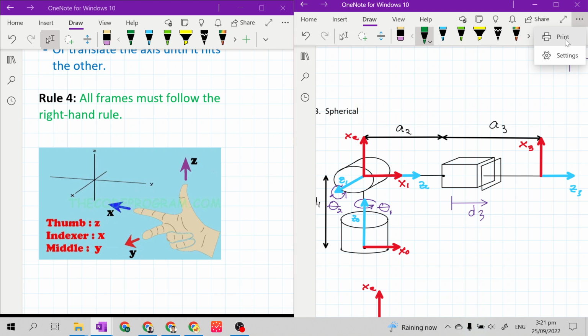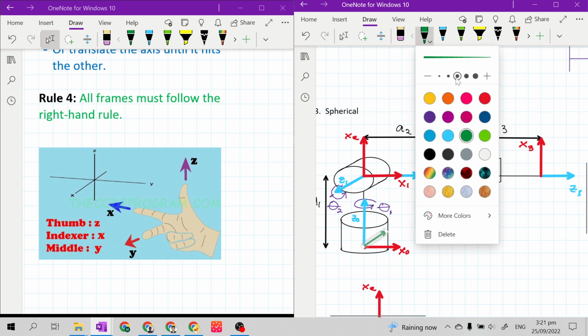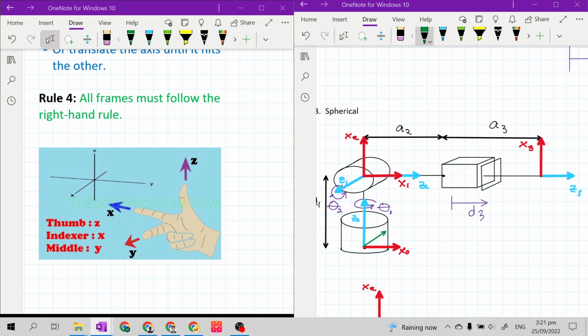So let's choose green. Shapes. Okay, so for the first frame, z is upward, x is rightward, so y is backward. Okay, so let's make this thinner, not thicker. So this will be our y sub 0.